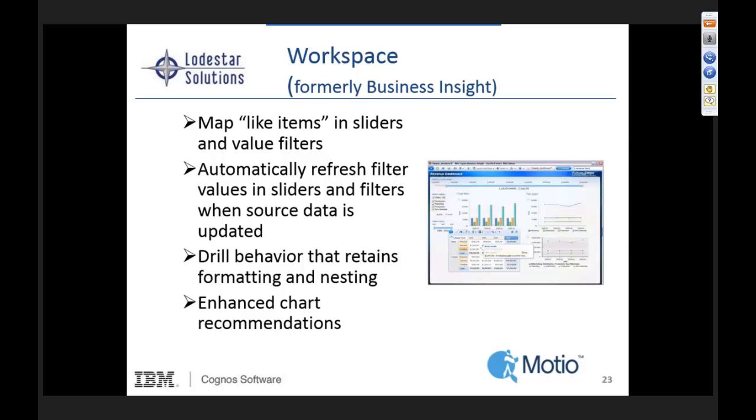Now you're able to actually link those because there's an option that allows you to link like items. And this allows you to have one slider, and when you move that slider from 2011 to 12, it will actually update your dashboard and not have to have two sliders or make sure you have the exact same data piece you're using in there.